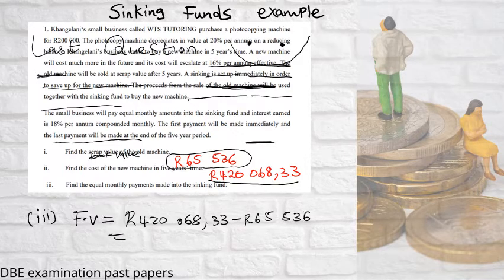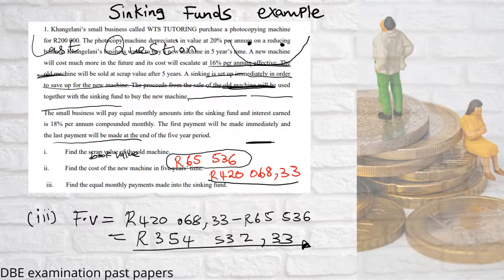Then we can get the future value, right? Future value will be 420,068.33 minus 65,536, right? So the amount that they need to save is 354,532.33.